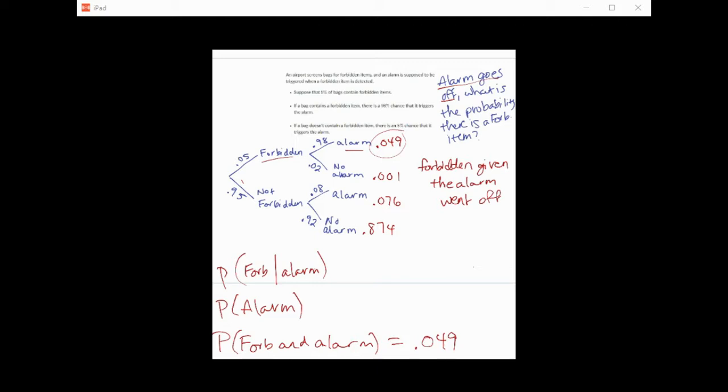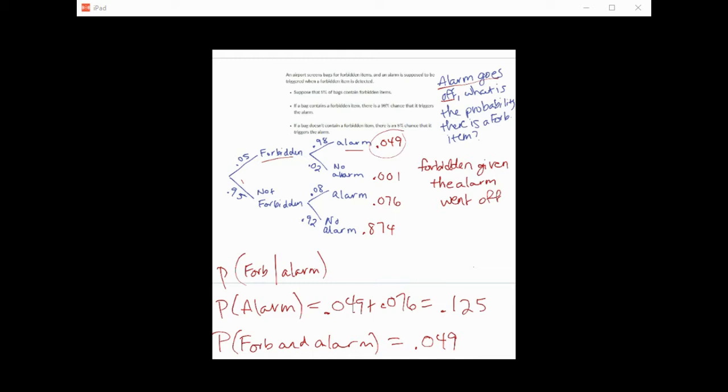So that is going to be the 0.076 plus the 0.049. Does that make sense? Because those are the only 2 situations where the alarm would go off. Forbidden and it does, or not forbidden and it does. So 0.049 plus 0.076, which is 0.125.